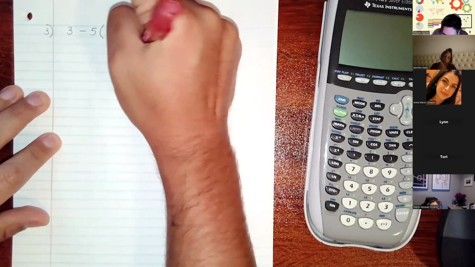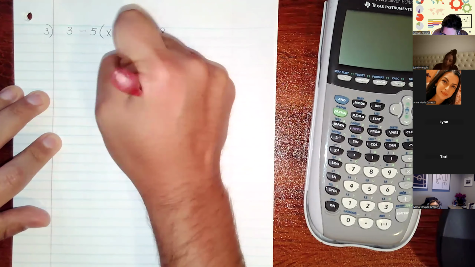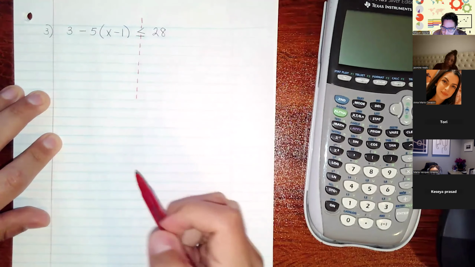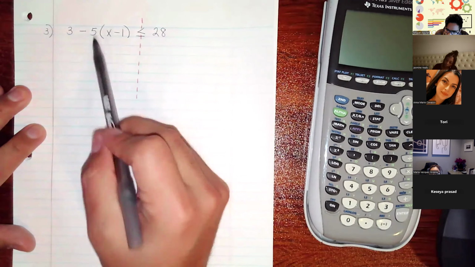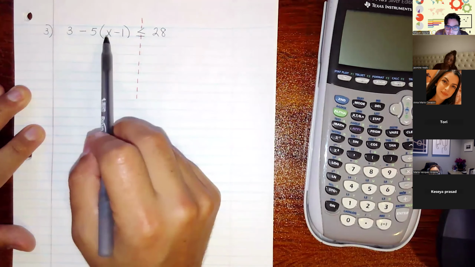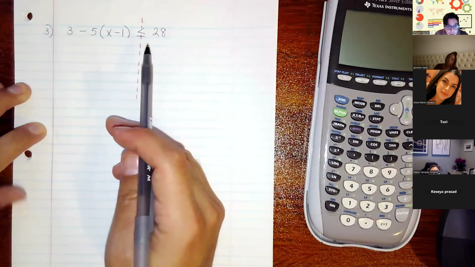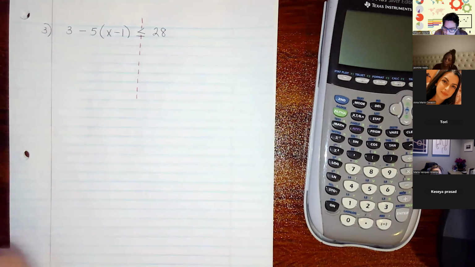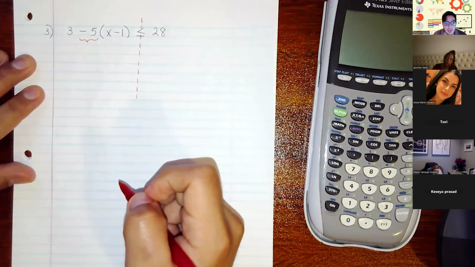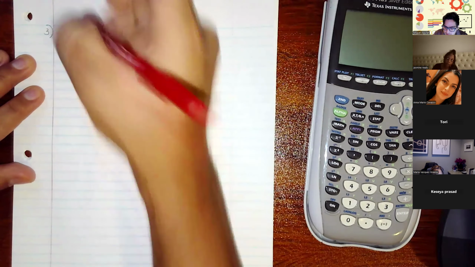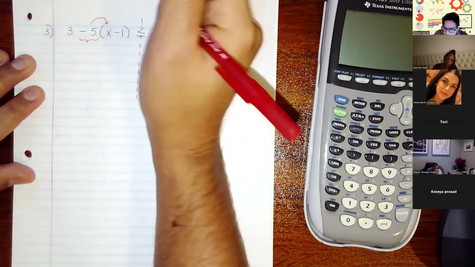So I'm going to put my little dash line here just so that we can see where that inequality is. And then we want to simplify this because whenever we have parentheses and we can distribute, we want to go ahead and distribute that. But be very careful here. This is a -5 that we're distributing. So we want to distribute that -5 and multiply it by x.